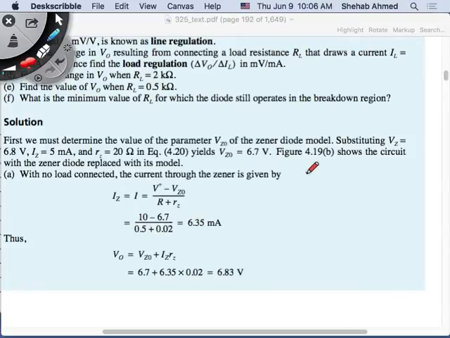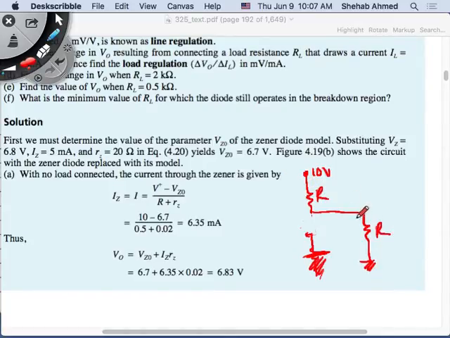So if that's the case, then what does the circuit look like? The circuit looks like my 10 volt source. This is my Zener, right? But there is no current flowing through my Zener. So it's like an open circuit here. And I have my load resistance here that they gave us. Then this is the new R that they gave us. In that case, what is the voltage at the output?